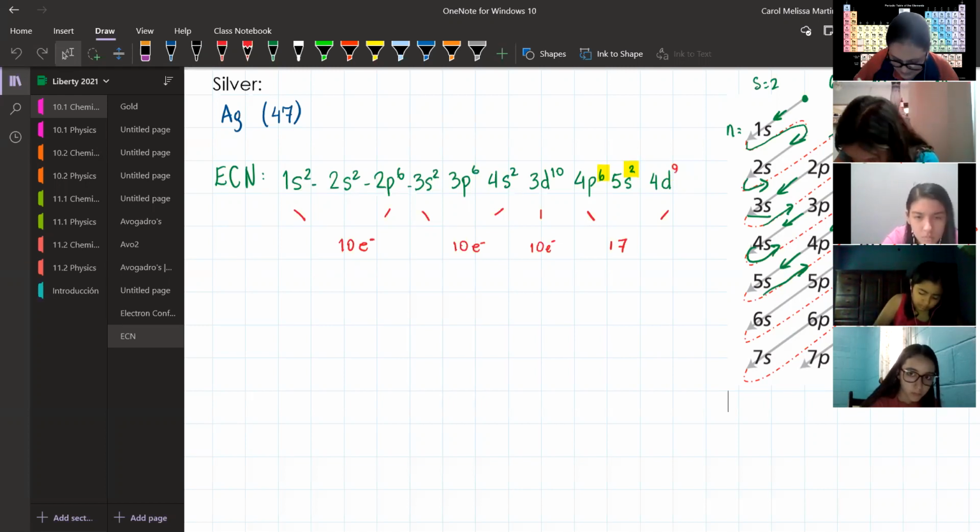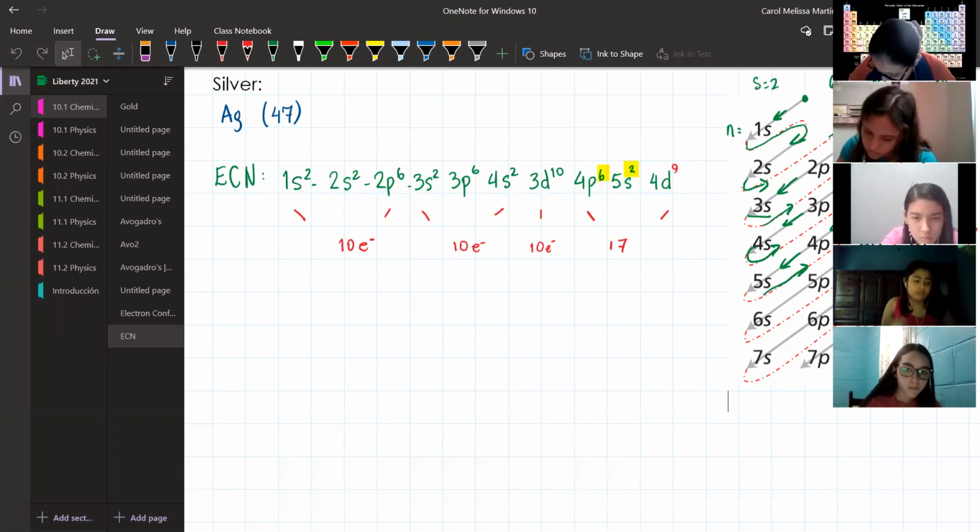Now you have the 17 requested. So in this part, instead of using the 10 possible, you're just going to be using 9 out of 10. Okay? And with this, you can say that you have the electron configuration for silver.